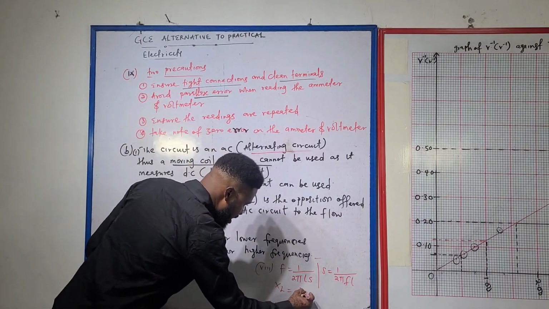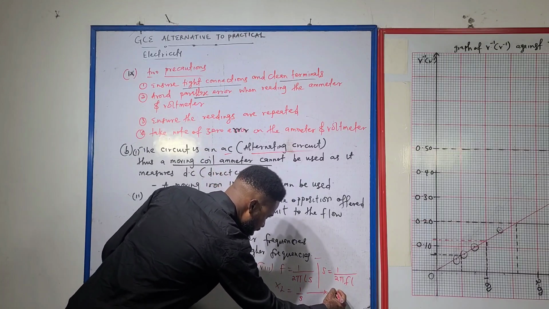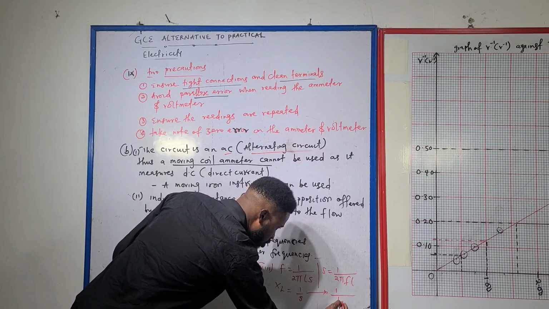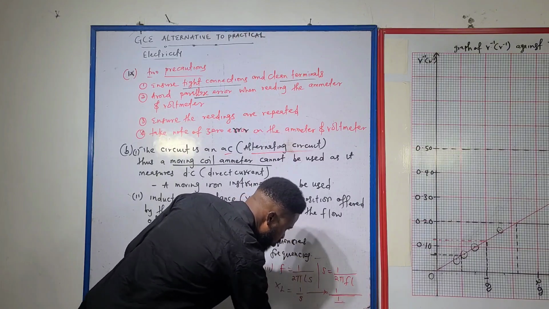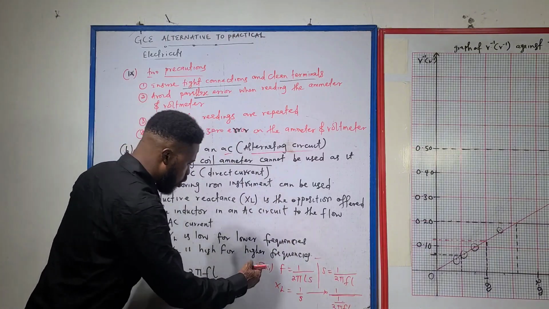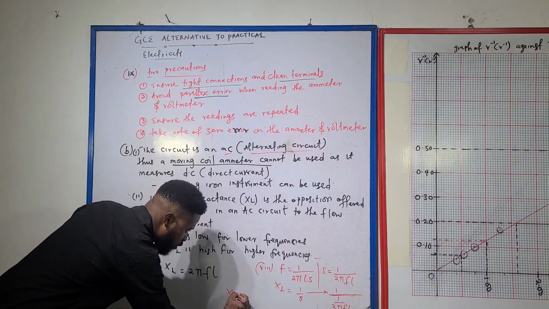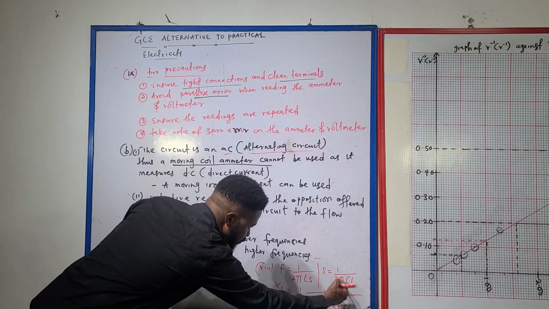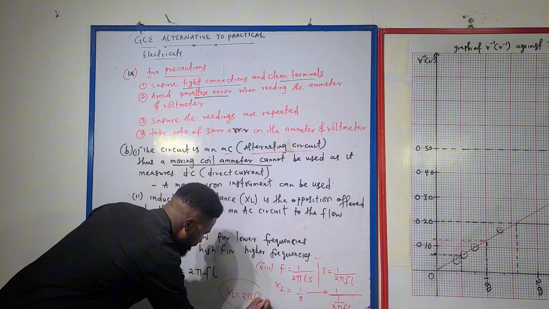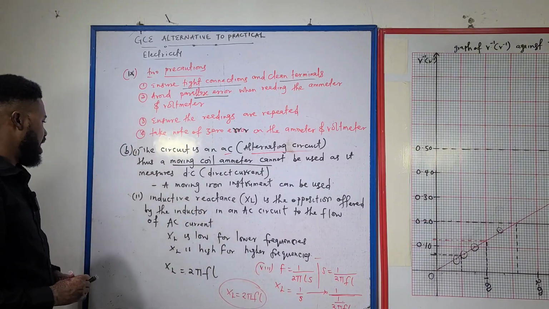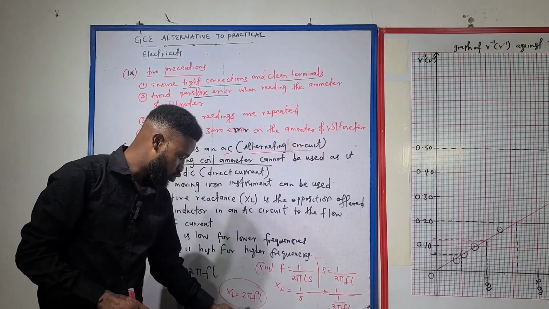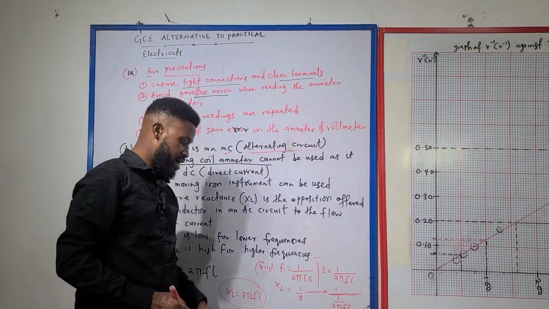So therefore, if I bring this here, what that means is 1 over 1 over 2 pi FL. So what that means is my XL therefore will be, this is going to move up. So that's going to be 2 pi FL. And that is the reason why the expression for our inductive reactance is 2 pi FL.